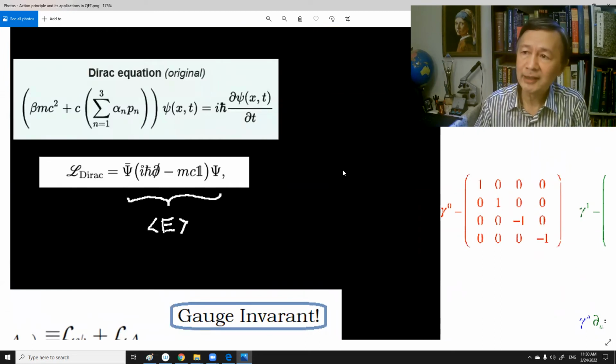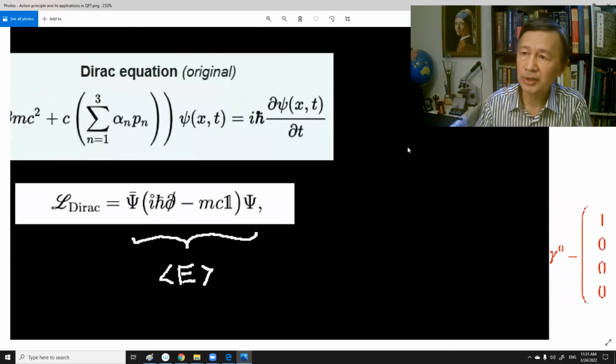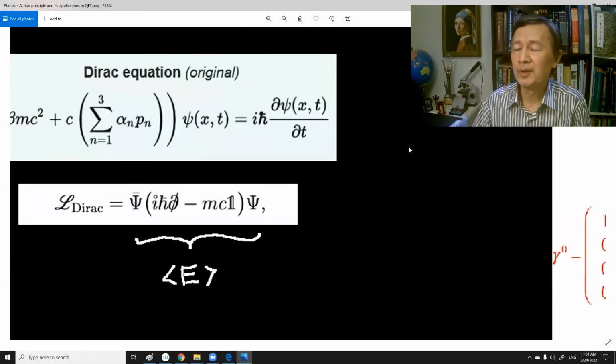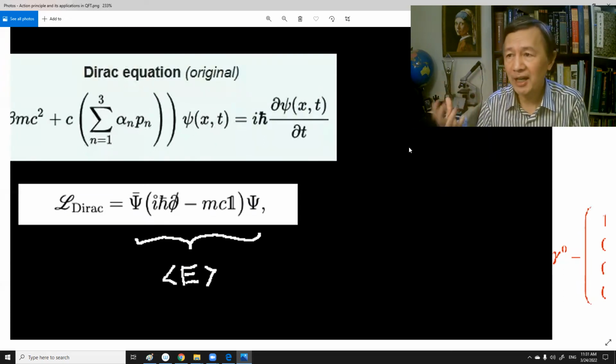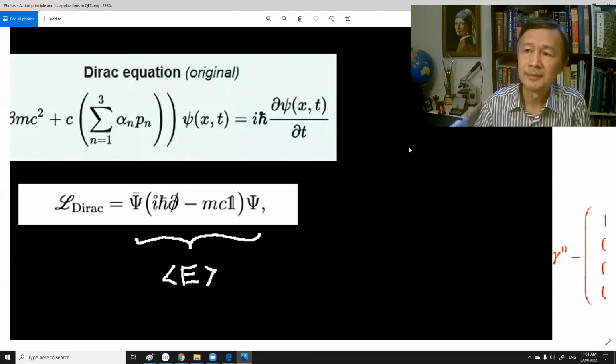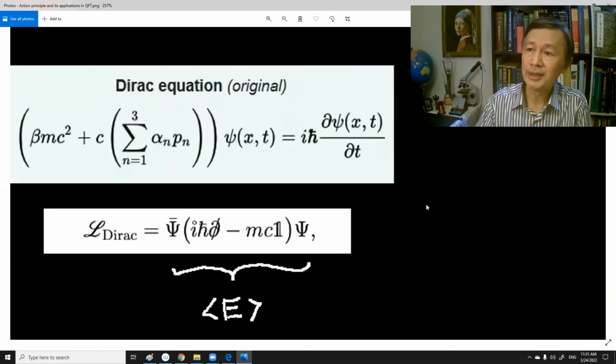Around 1928, Paul Dirac first combined the existing non-relativistic form of quantum mechanics, namely the Schrödinger equation, with Einstein's special relativity. Dirac derived this Hamiltonian equation.